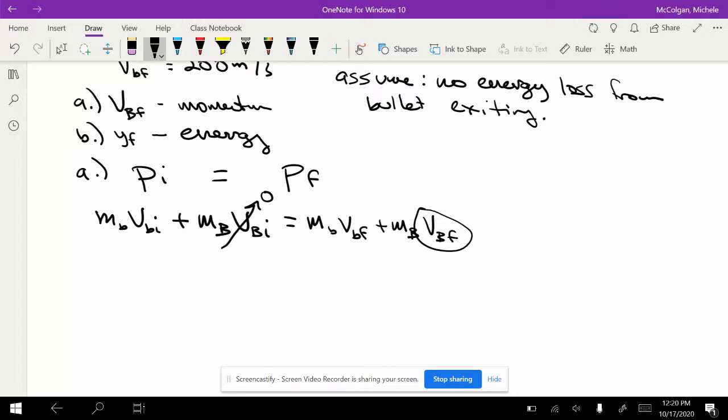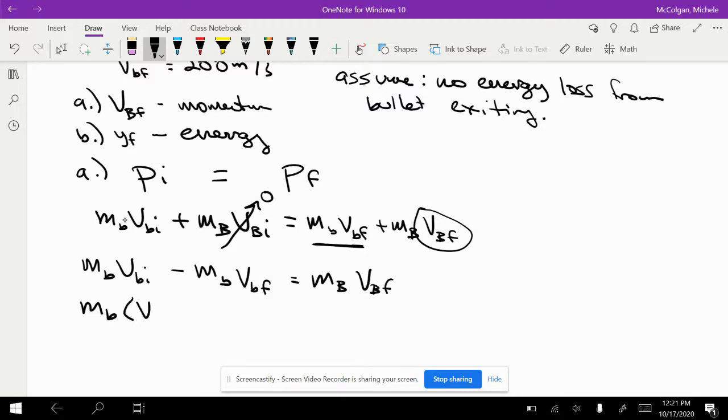I'm solving for this. So what I want to do here is subtract this from both sides. So I'm going to have mass of the bullet times V of the bullet initial minus mass of the bullet times V of the bullet final is equal to mass of the block times V of the block final. Okay, so I can group: mass of the bullet times V of the bullet initial minus V of the bullet final is equal to mass of the block times V of the block final.